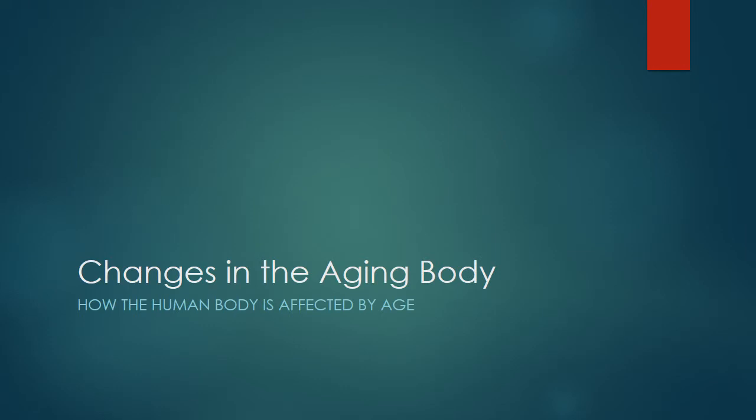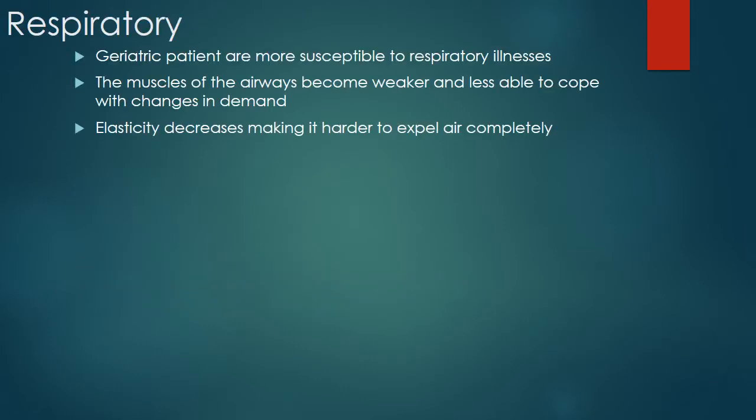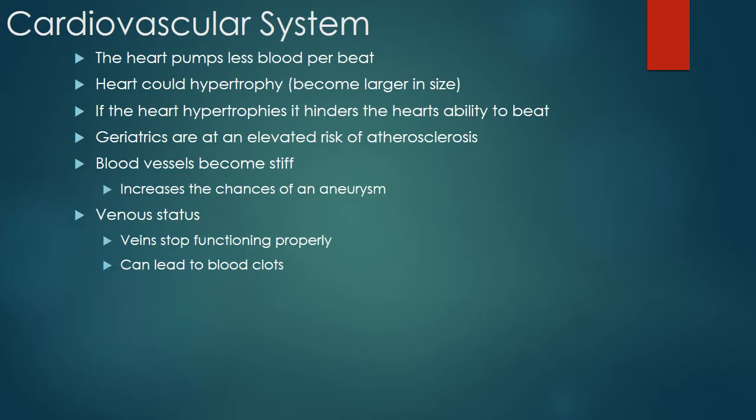So here we go. Changes in the aging body. Okay, the respiratory system: geriatric patients are more susceptible to respiratory illness because their immune systems are not as strong. The muscles of the airway and elasticity in the lungs decrease, which makes it harder for geriatric patients to expel air completely.